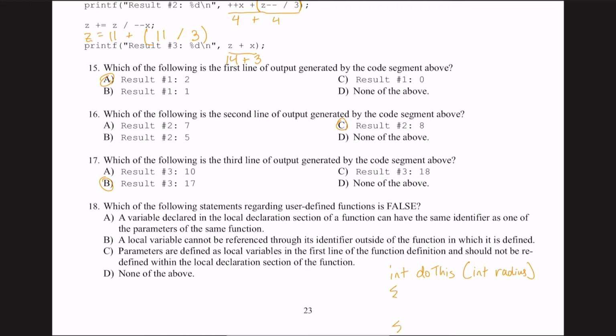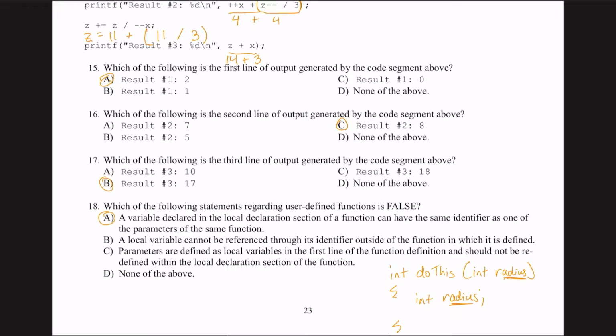Inside this function, we also have another variable called radius. These have the same identifiers, so therefore you're going to throw an error, because if you tried to reference radius later in your function, how would you know if you wanted to refer to the parameter or the local variable you just declared? There's no way to differentiate based on the name. So A is false.